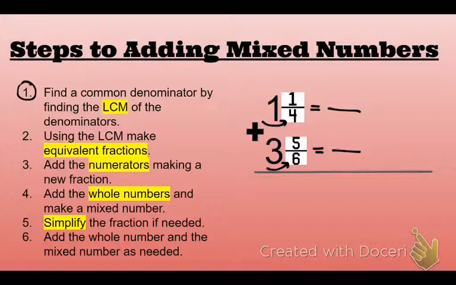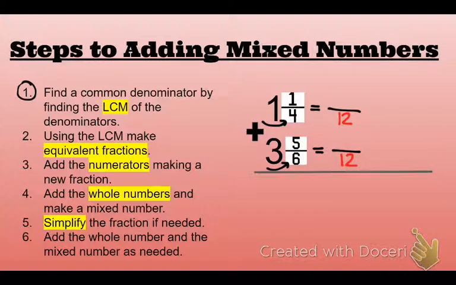No. So we go to the next multiple of 6. 6 plus 6 is 12. Can I multiply 4 by something to make it equal to 12? The answer is yes. So 12 is our LCM. I know you guys are a little more comfortable with finding LCMs.